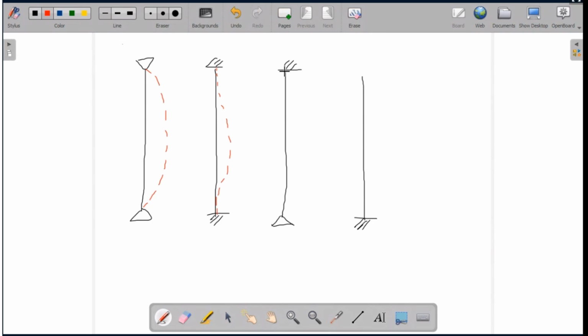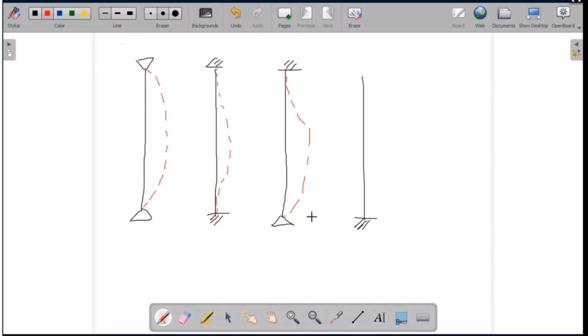Here, the slope again is zero, but here there's no zero slope. So the deflection is like this.